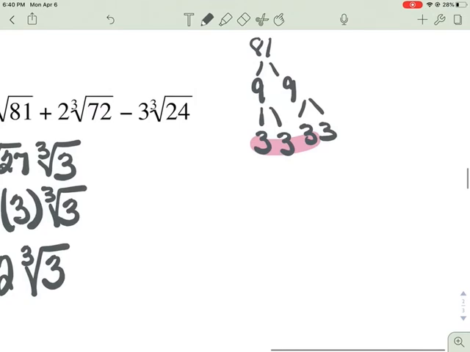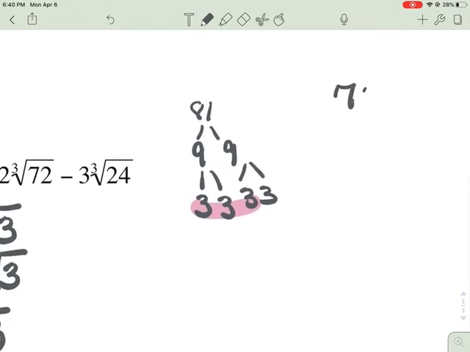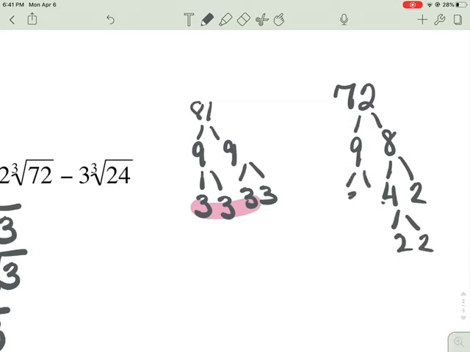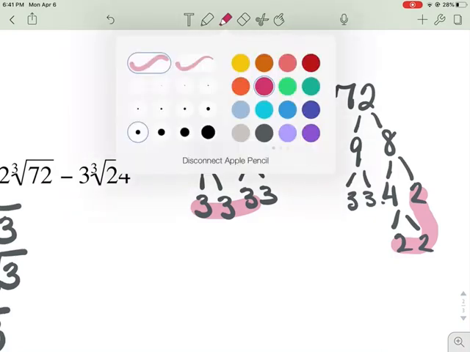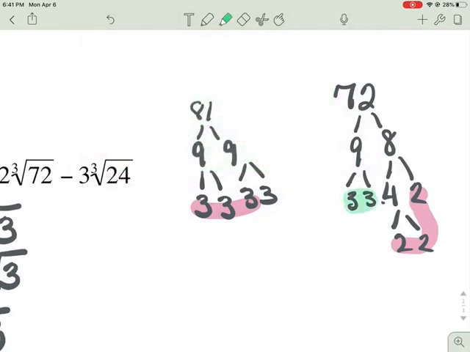Okay, so now we have to do 72. And again, we're looking for a group of 3. So 72, I'm going to use 9 and 8. Here's my group of 3, and these guys right here is a pair that I'm going to multiply together.